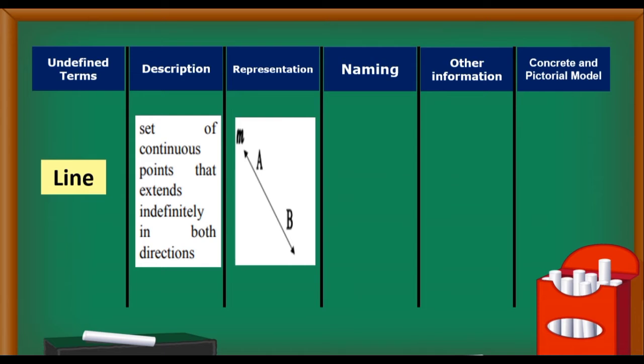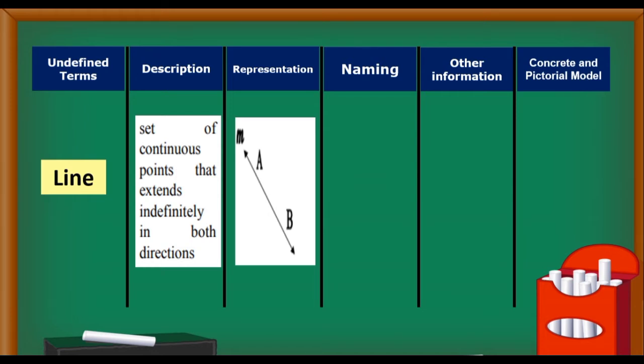Kung mapapansin natin, meron tayong line at may dalawang arrow po sa magkabilang dulo. Kaya sinabi dyan, extends indefinitely in both directions. Ibig sabihin, pwedeng mag-extend ng napakahaba po yung dalawang arrow. Nilalagyan na lang natin ng arrow para masabi natin na nag-extend yung ating line.